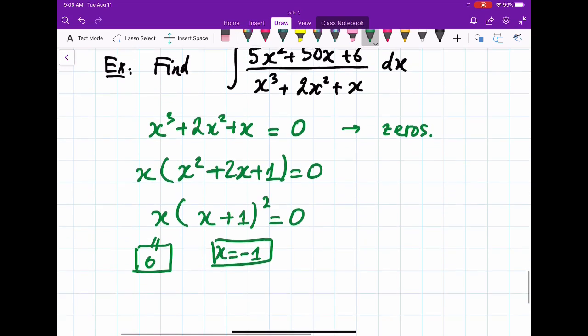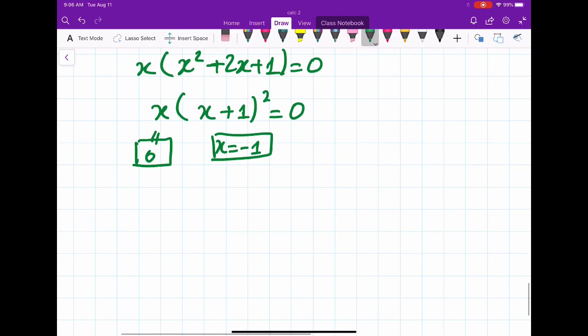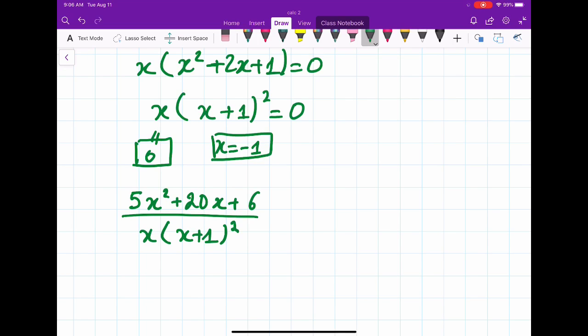All right, in this situation, how can we do? So I will write the following one: (5x squared plus 20x plus 6) over x times (x plus 1) squared. So in the denominator you have x, x plus 1 and one more x plus 1.